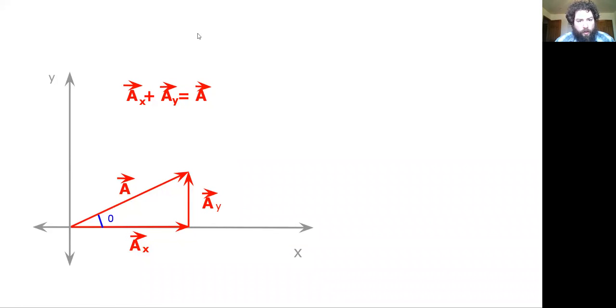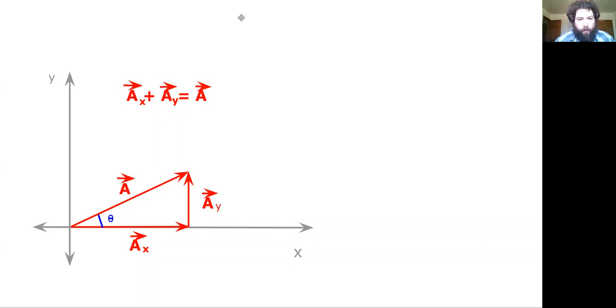And if we want to find that, we should remember our equations from trigonometry.